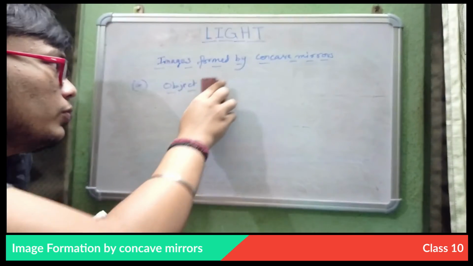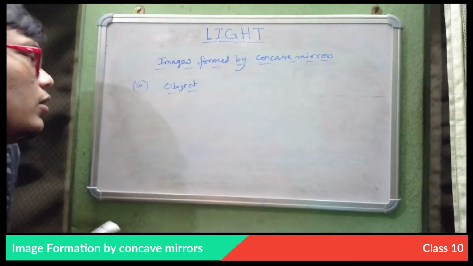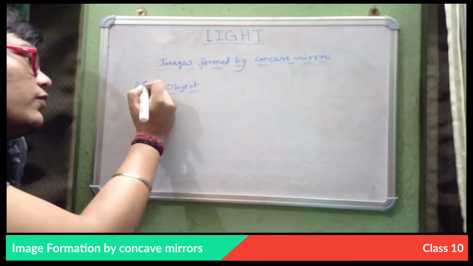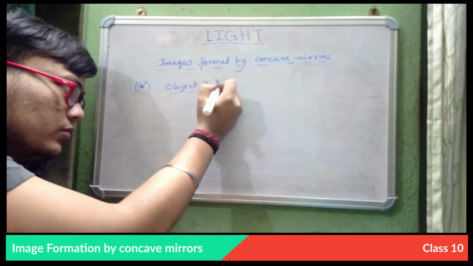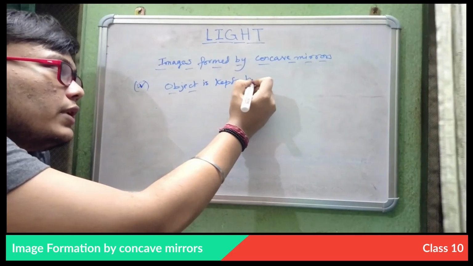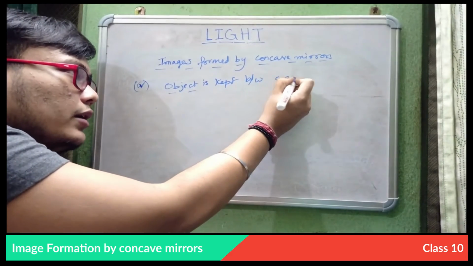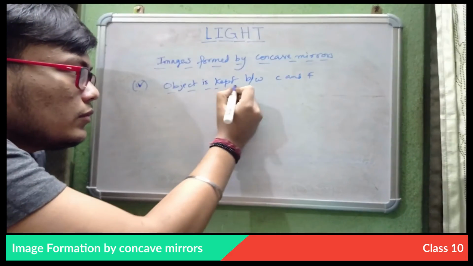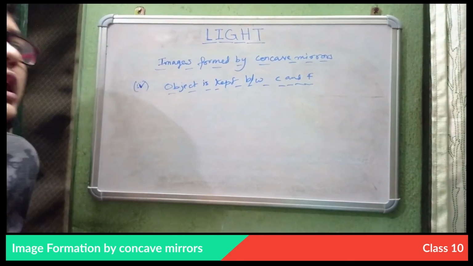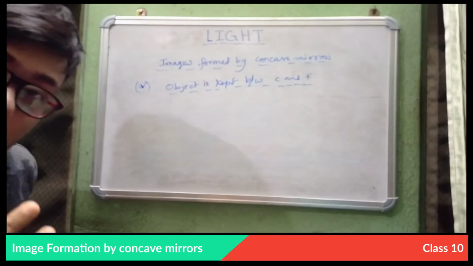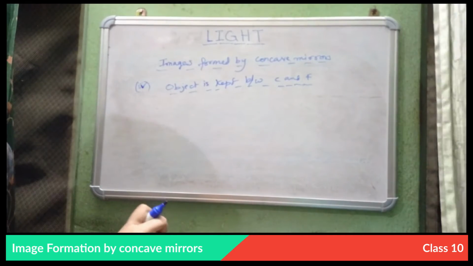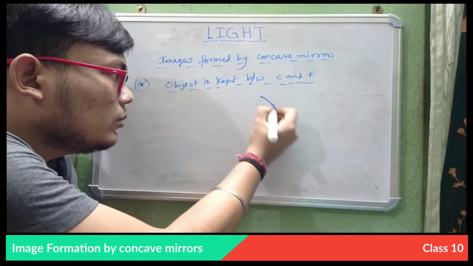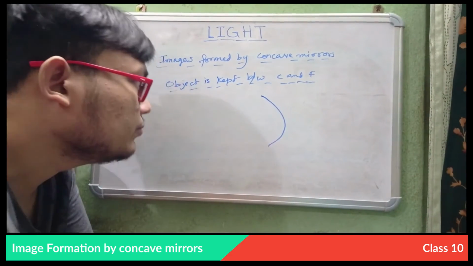If we keep the object, this is case number 4, the object is kept between C and F. If we keep the object between the center of curvature and the principal focus, right? So I'll draw the mirror.